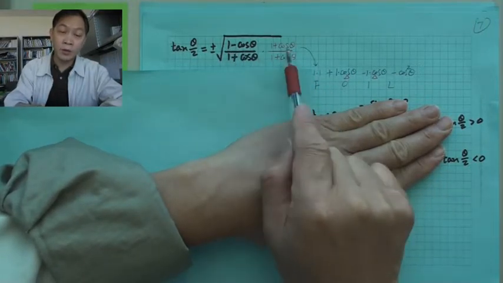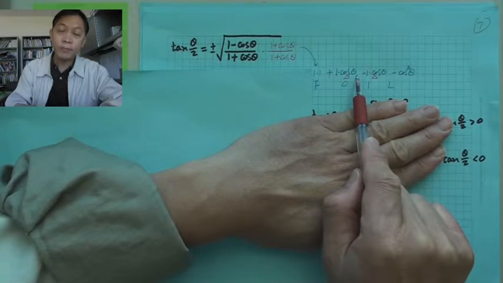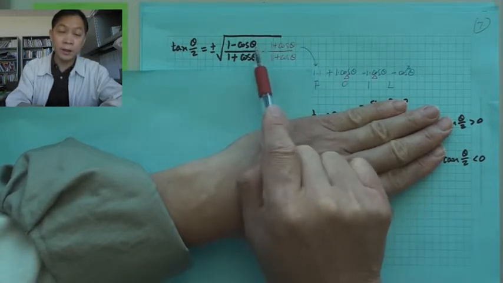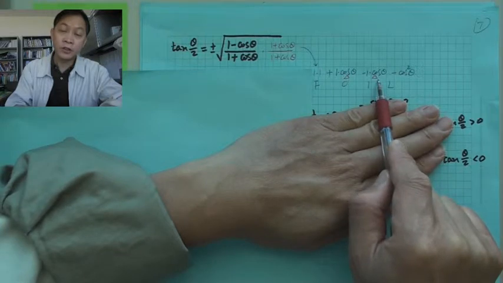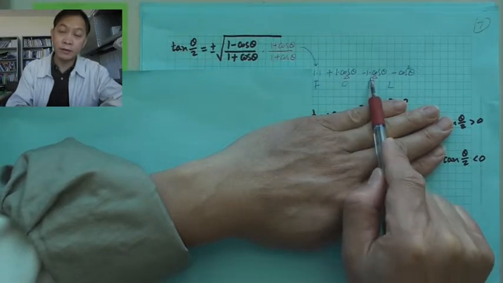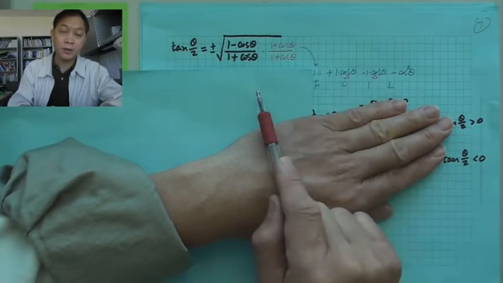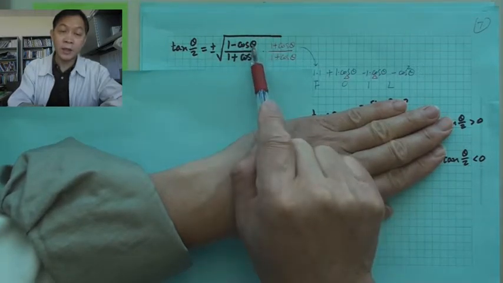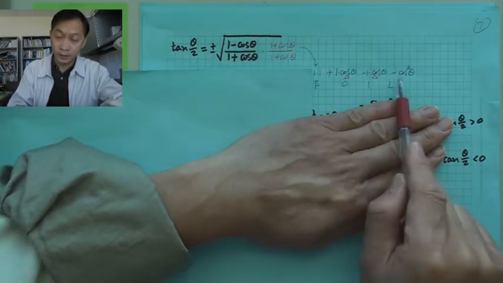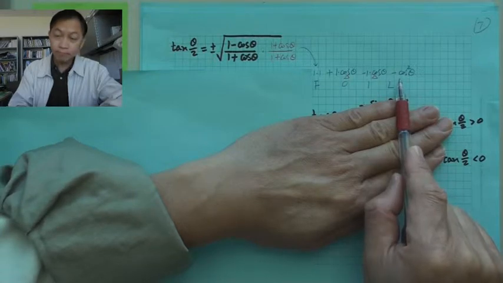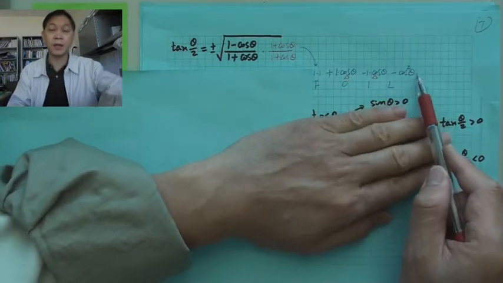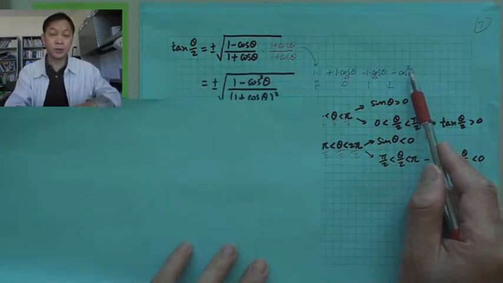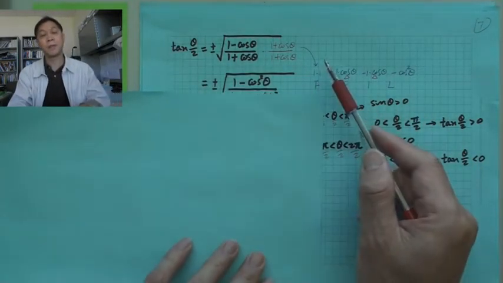Outer product 1 times cosine theta. Inner product is 1 times negative cosine theta. You can see one is positive, another is negative. They will be cancelled. And then negative cosine theta times cosine theta, that's negative. So these cancel each other, you get 1 minus cosine theta squared, which is the one on the numerator.